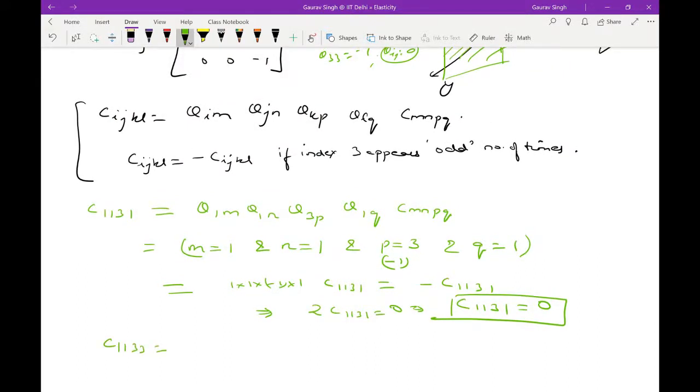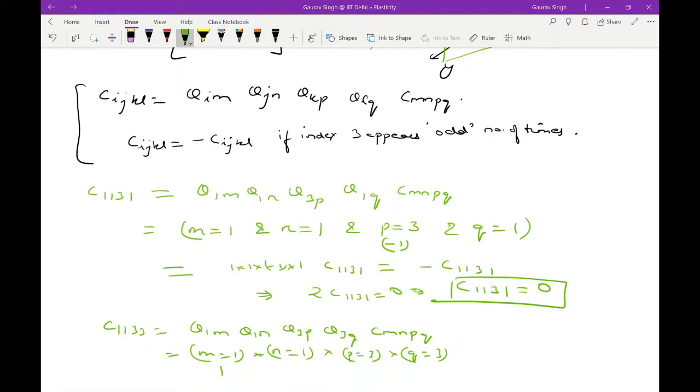C1133 will have Q1m, Q1n, Q3p, Q3q, and Cmnpq. For the non-zero terms, m will be equal to 1, and n will be equal to 1, and p will be equal to 3, and q will be equal to 3.